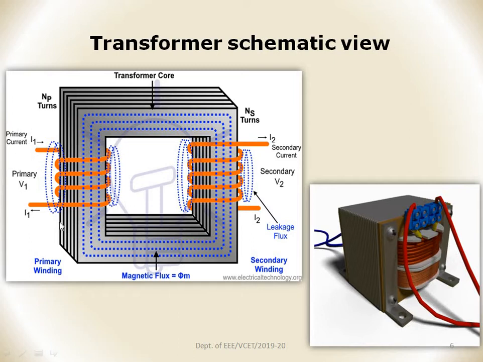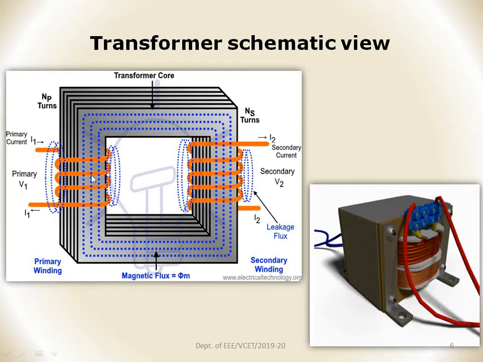To the primary end we will be applying an alternating source, and with respect to this a current flows here, and this causes a flux to be linked. So here within the core a flux is being created, and this created flux links the secondary winding. Due to this a current flows here, and you are able to tap an induced EMF here.